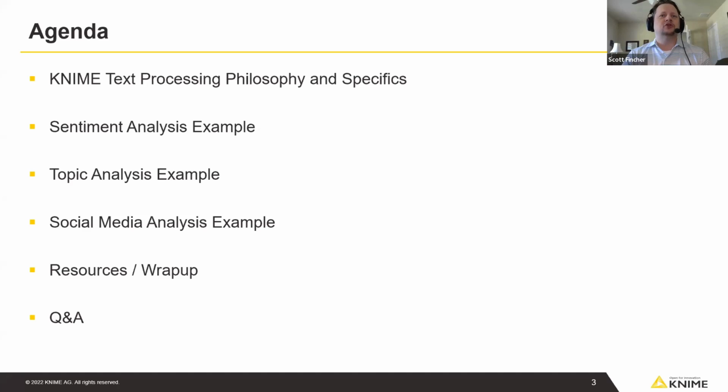And then we'll circle back around at the very end and show you some live social media analysis of tweets using a data app that we can run in the KNIME web portal. After we've shown you those 3 examples, we'll have some time to give you some additional resources, link to a book on text processing that we'll make available to you, and then again, time for questions. So that's where we're headed today. Hope you'll be with us for the whole time as we go.